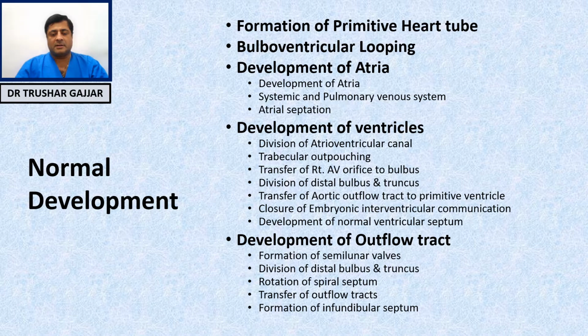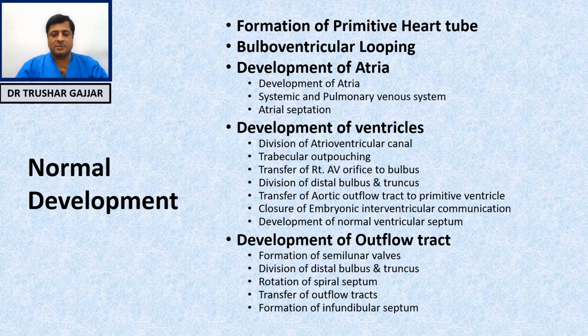The development of atria starts with the sinus venosus and the primitive atrium. The sinus venosus component will form the systemic veins, and the primitive atrium and the lung bud form the pulmonary venous system.